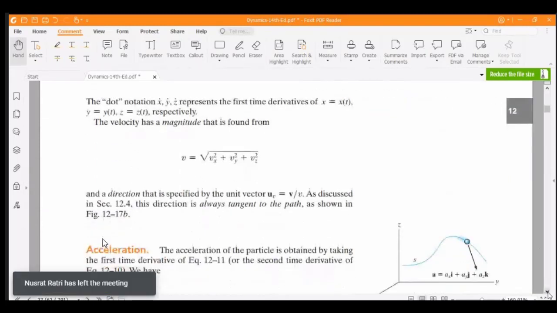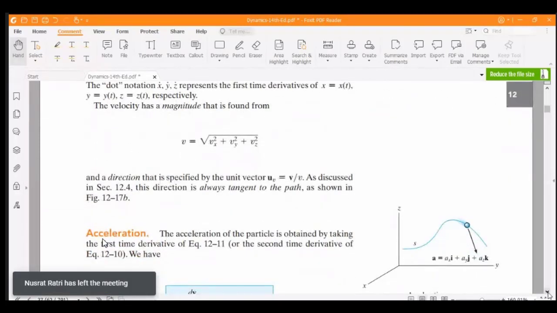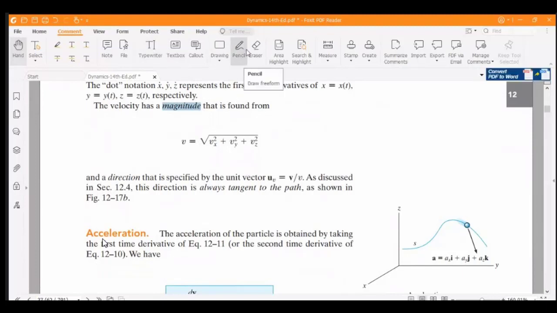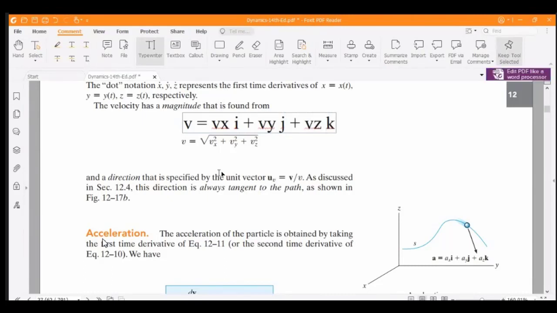So the magnitude of the velocity is like this. As we have seen already, the total V is equal to Vxi plus Vyj plus Vzk.